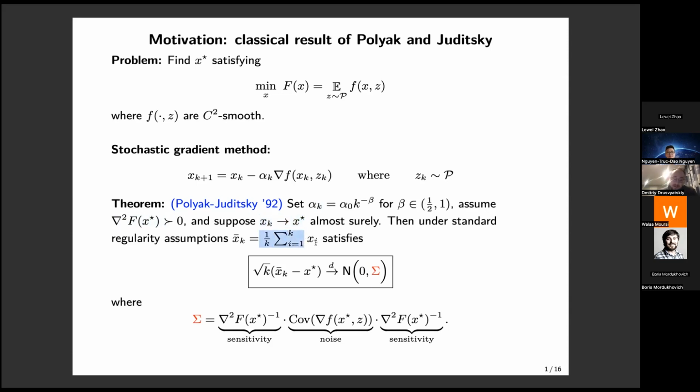If you look at the average iterate, not the iterates themselves, and this is important. So you average all the iterates, the running average, which I'll call x bar k, the average of the iterates up to iteration k. Then you look at the deviation between x bar k and x star and rescale by the square root of the iteration counter. Then that converges in distribution to a normal.